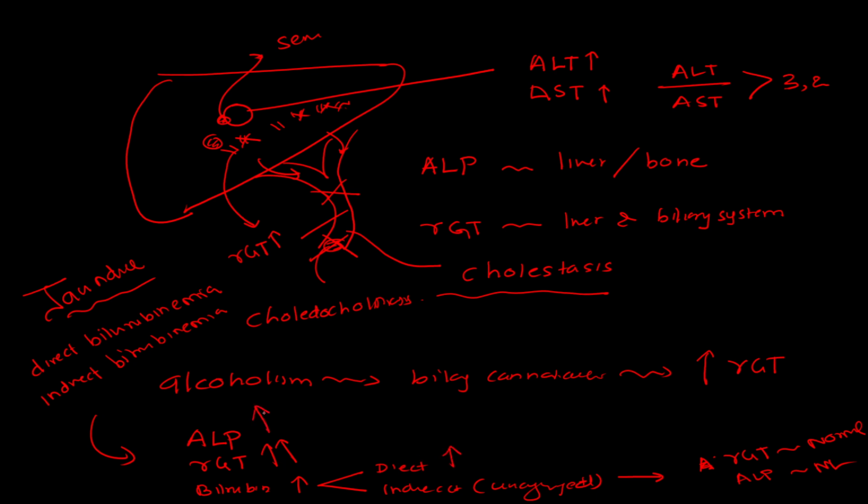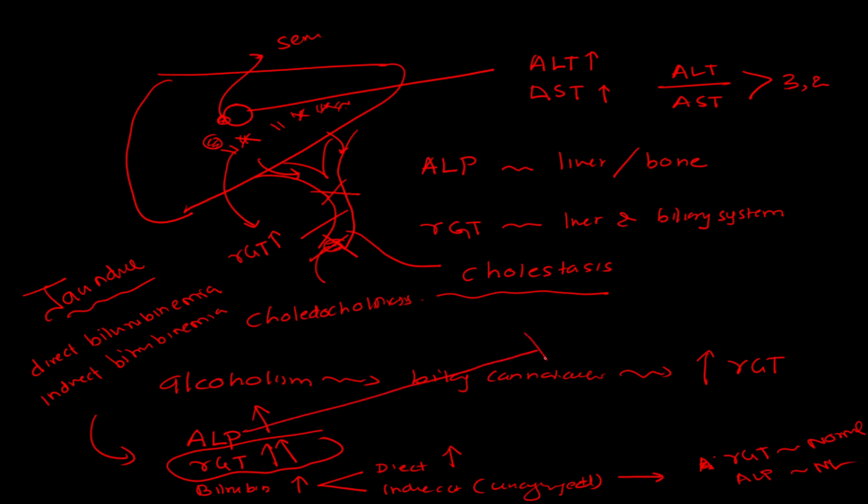The ALP would also be elevated, but ALP is not very specific of obstruction, because ALP will be elevated to any trauma or an injury that happens to the liver. The gamma GT is more specific to the biliary system rather than the liver. Therefore, in any obstruction, there's a higher possibility of having a high gamma GT value.